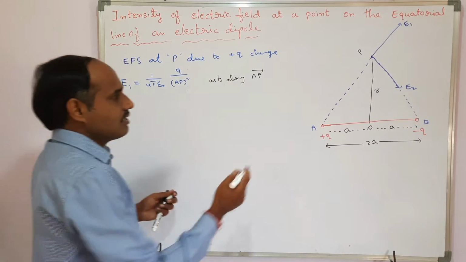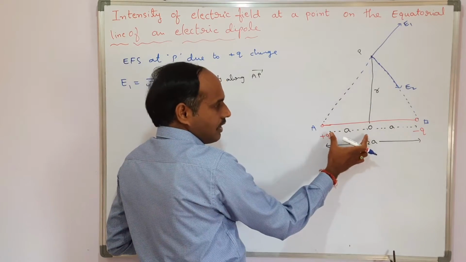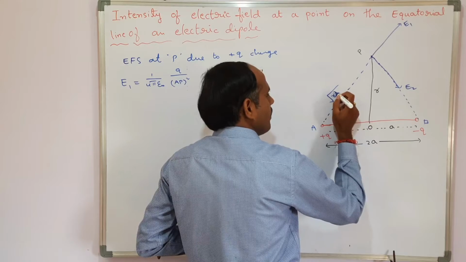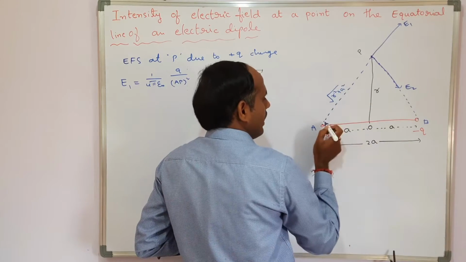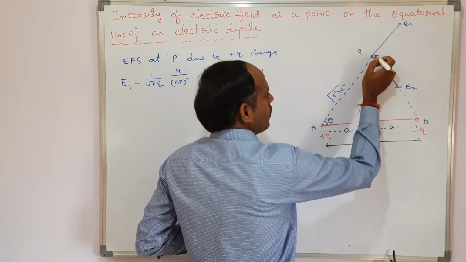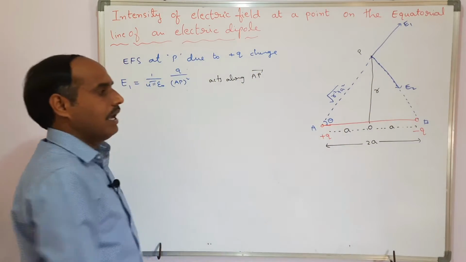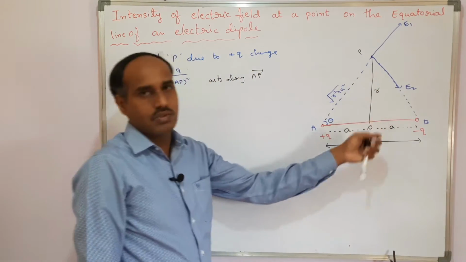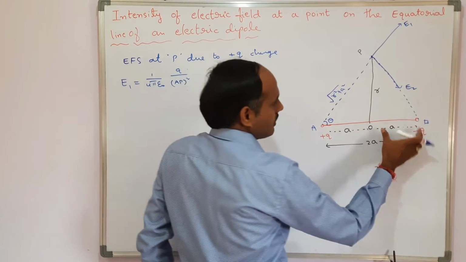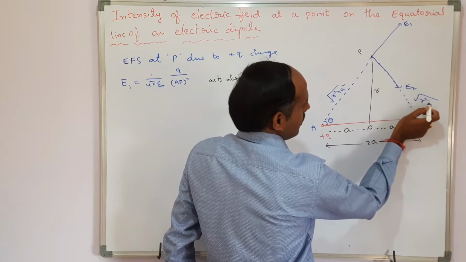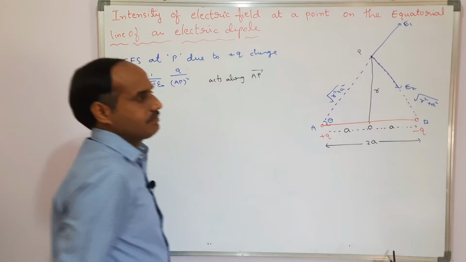And what is the distance AP, sir? This is A and this is r, so it is a right angle triangle, and AP should be the square root of r square plus a square, and that is the angle theta. So we get the hypotenuse AP as the square root of adjacent side square plus height square, and similarly here also this is A and r. On this side PB is also the square root of r square plus a square.